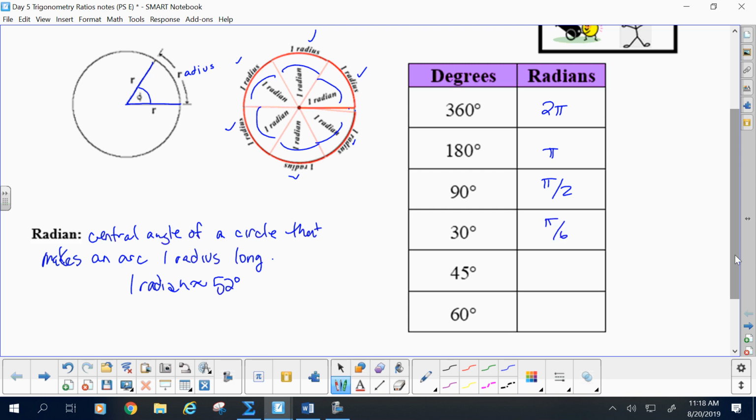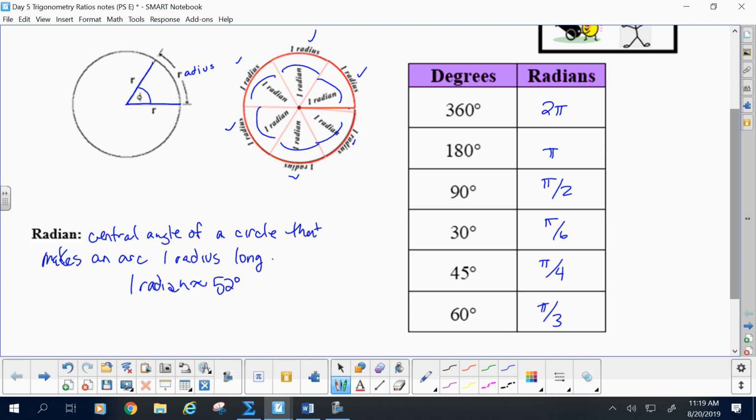Think, 180 degrees is pi, so 30 degrees is 180 degrees divided by 6, so pi over 6 is 30 degrees. 45 degrees is pi over 4, think half of 90 degrees is half of pi over 2, so that's pi over 4. And 60 degrees, well that's 180 degrees divided by 3, so it's equal in radians to pi divided by 3. So let's take a second to get those deeply ingrained in your brain.